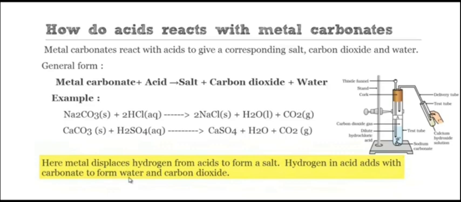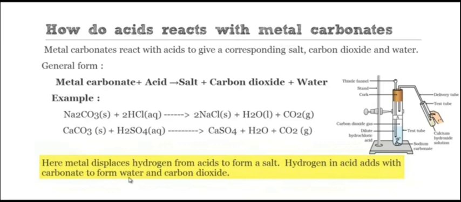The first equation: sodium carbonate reacts with hydrochloric acid to form NaCl, that is the salt, plus water plus carbon dioxide. Similarly in the second equation: calcium carbonate plus sulfuric acid forms calcium sulfate with water and carbon dioxide.